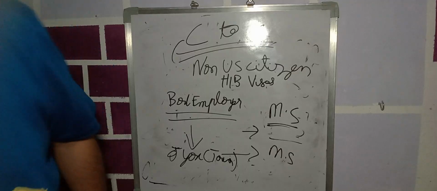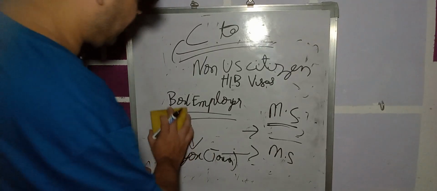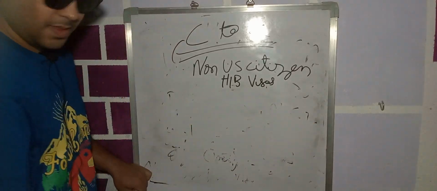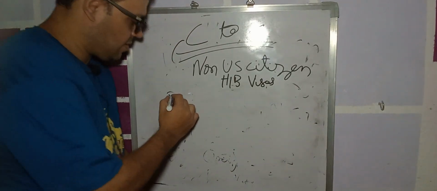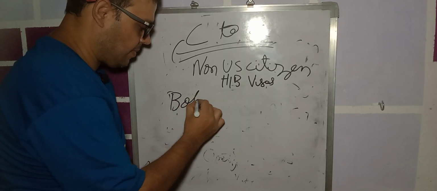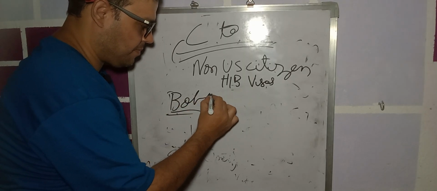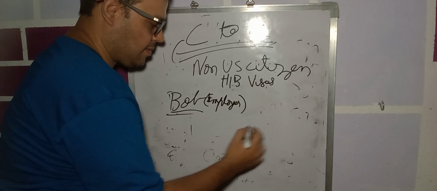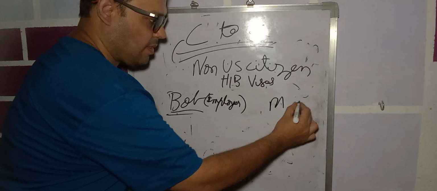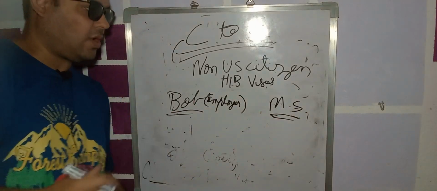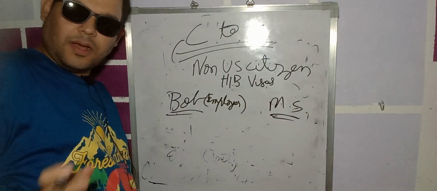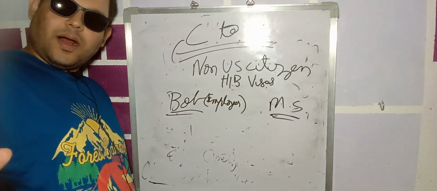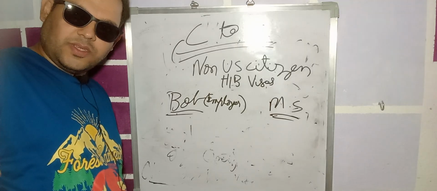I'll explain once again. Bob is an employer. Microsoft is a company that needs a Java developer. You are a Java developer who is not a US citizen.